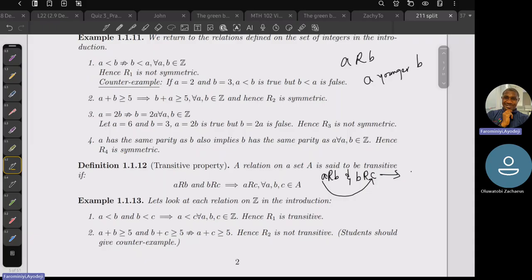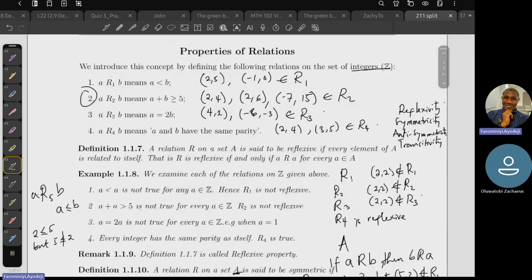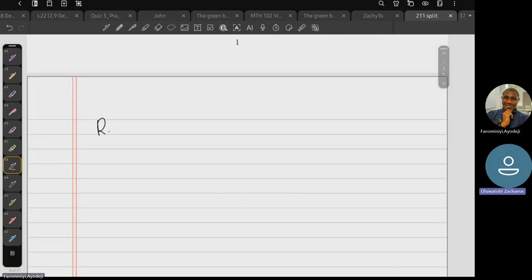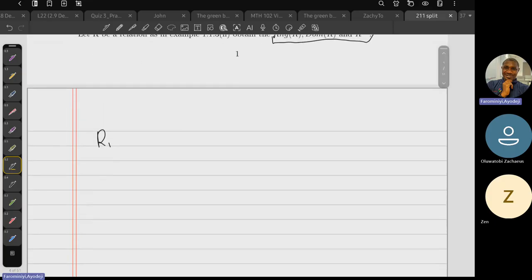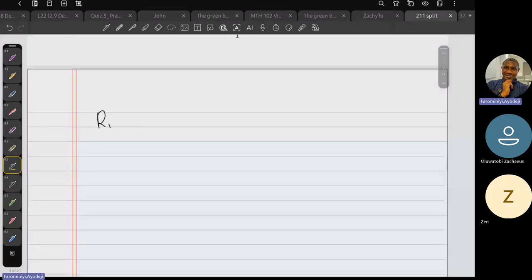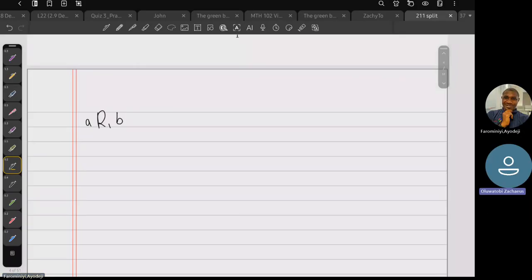Okay. So let's go back to our usual R1 to R5. Let me write it here now. So which one is R1? R1 is A less than B. A R1 B if A is less than B. A R2 B if A plus B is greater than or equal to 5.